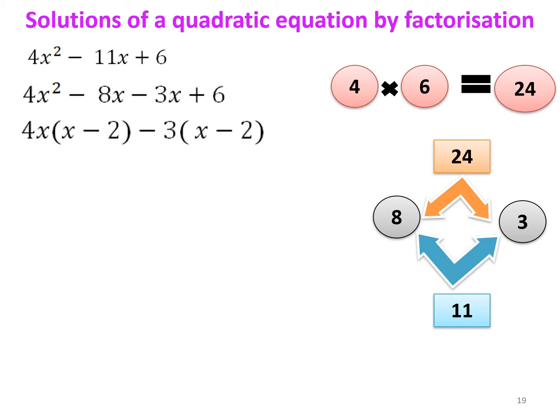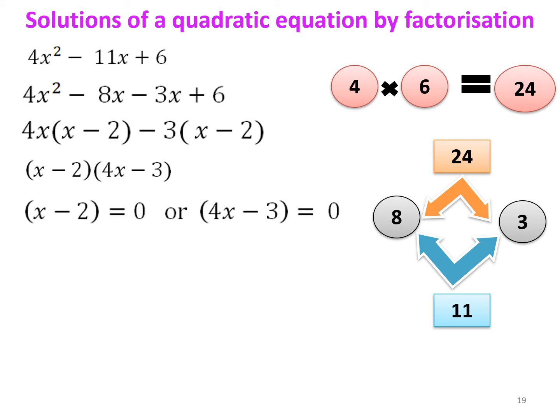So 4x bracket x minus 2 minus 3 bracket x minus 2. Minus 3 into minus 2 will give you plus 6, and that is why that minus 2 has come. So the next step is (4x minus 3) into (x minus 2).